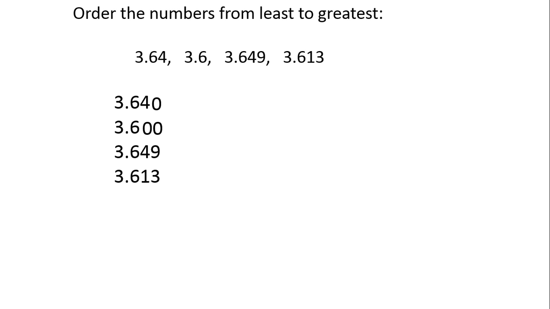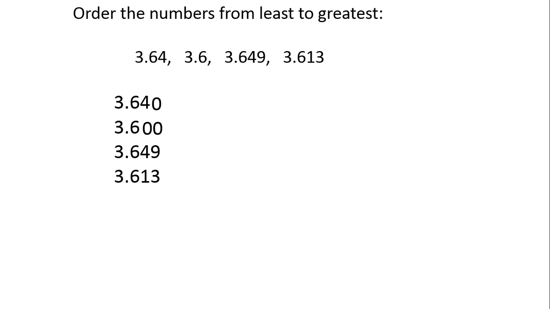So if we look at all of them and look at the whole number that we have to the left of the decimal, every one of these numbers has 3 wholes in it. So in terms of their wholes, they have exactly the same value. If we look at the number in their tenths place, they all have 6/10ths. So that part of them's the same. If we go to the hundredths place, we start to see a difference.